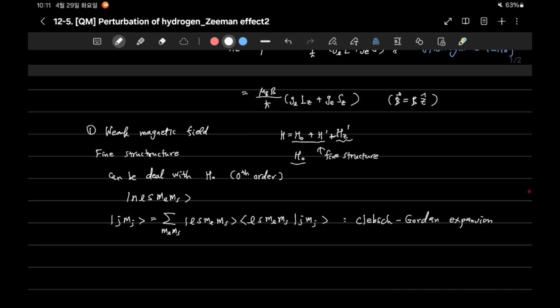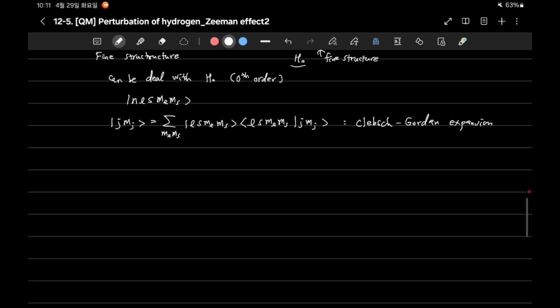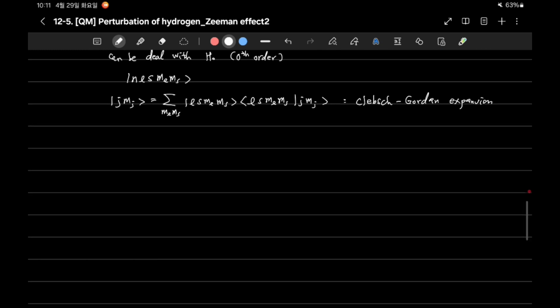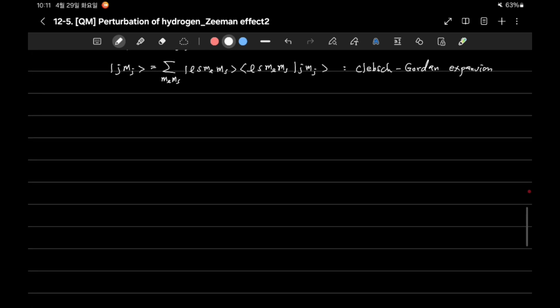So I did not write out all the Clebsch-Gordan tables, but when you use them, you should use the table corresponding to the J case. For example, in table 11.3 there are Clebsch-Gordan coefficients.